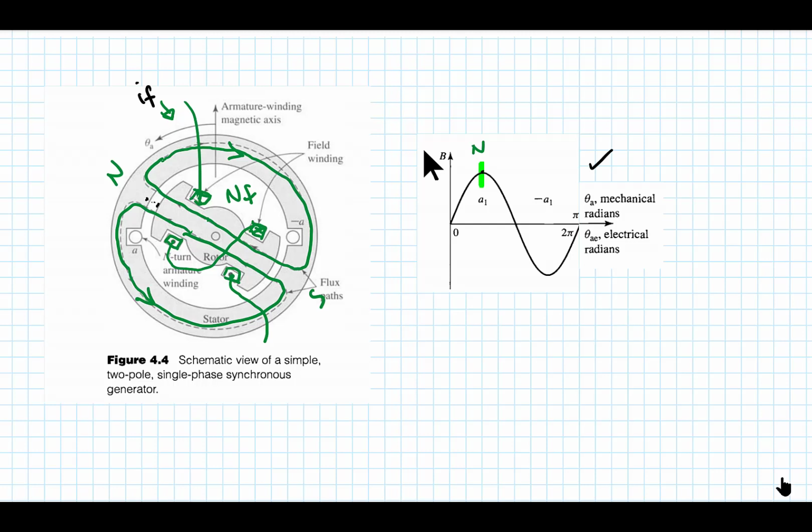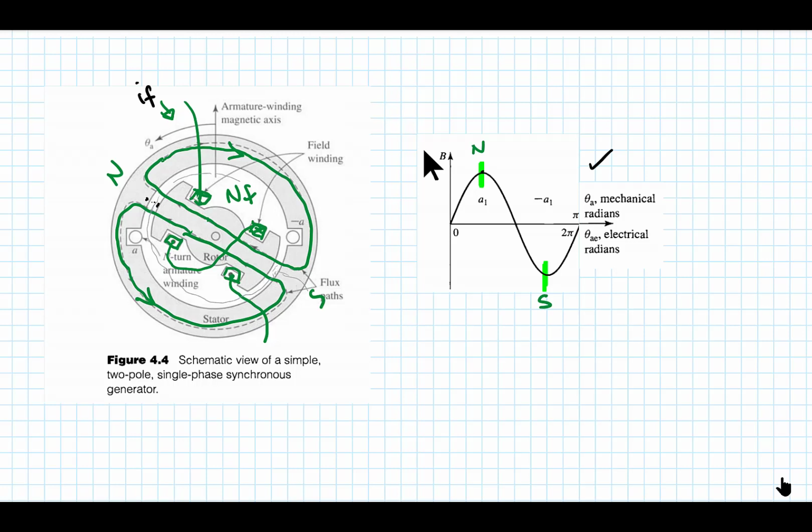And then coming around the other side, let's say we're traveling in this direction as we're measuring the field flux density in the gap. We'll come around to this point right here where we have the south, and that would be a negative peak of the flux density.